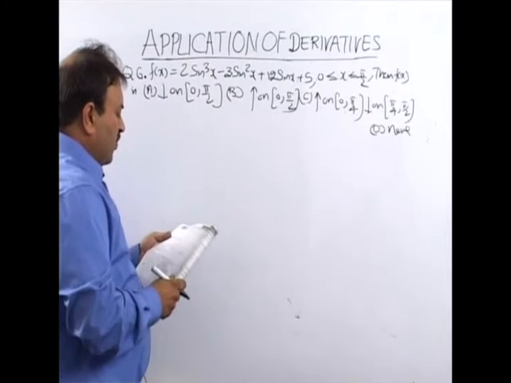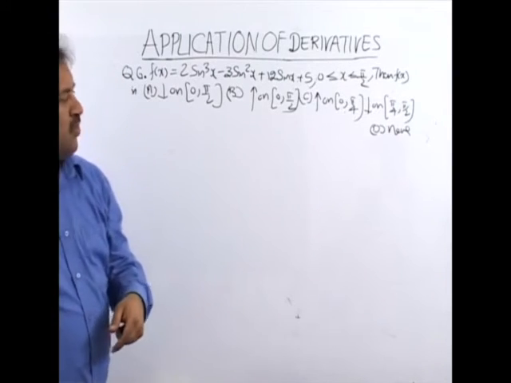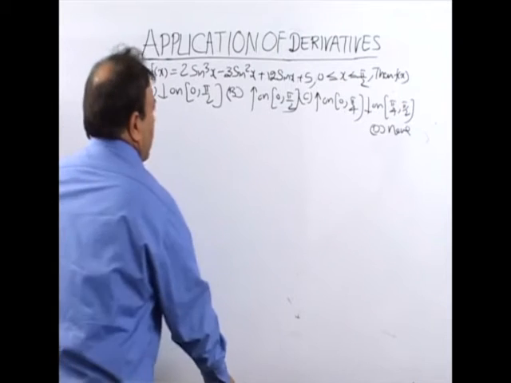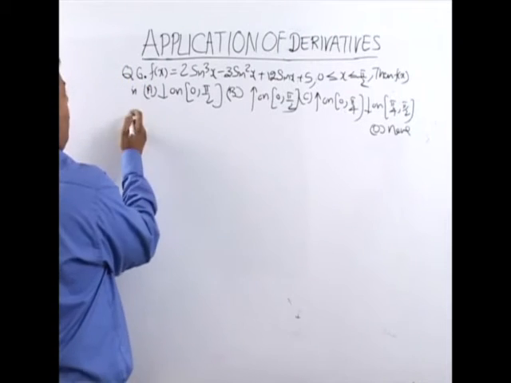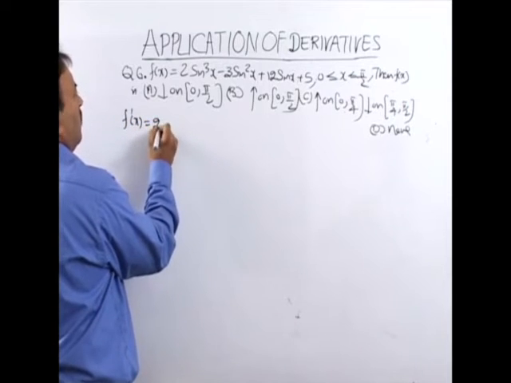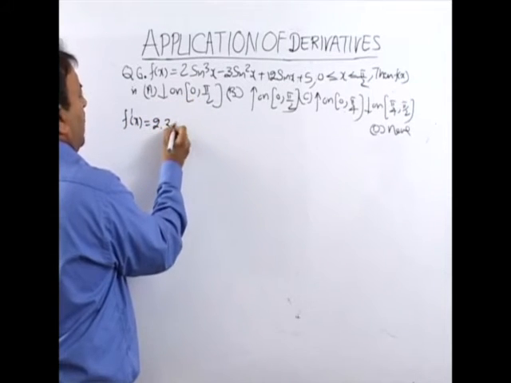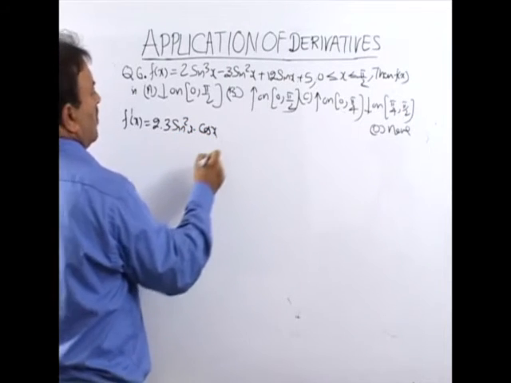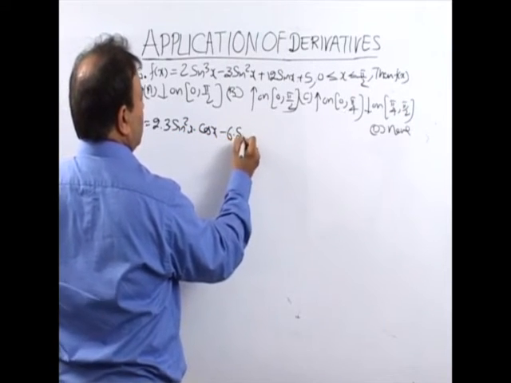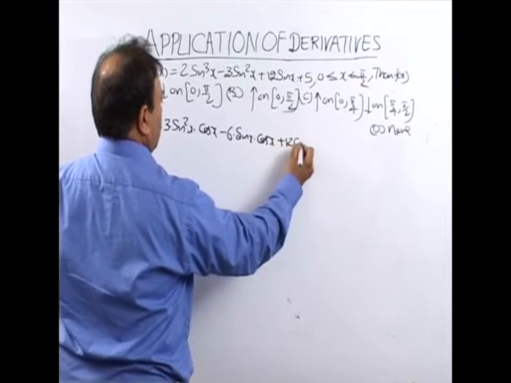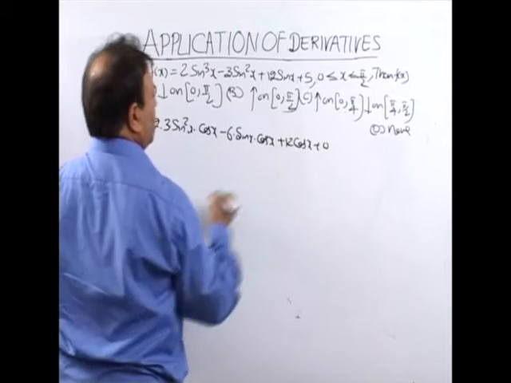Now these options we have been given. We simply proceed by differentiating. We find out the derivative first of all. F dash x is equal to 2 cos x minus 6 sin x into cos x plus 12 cos x plus 0.